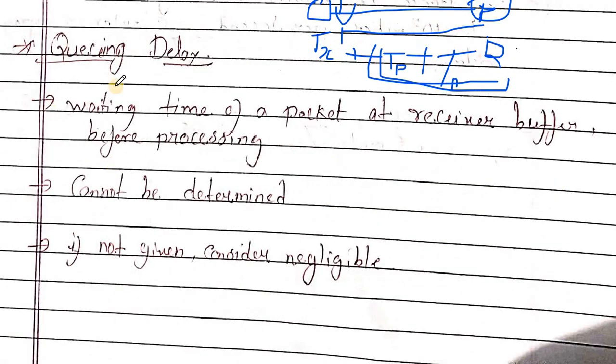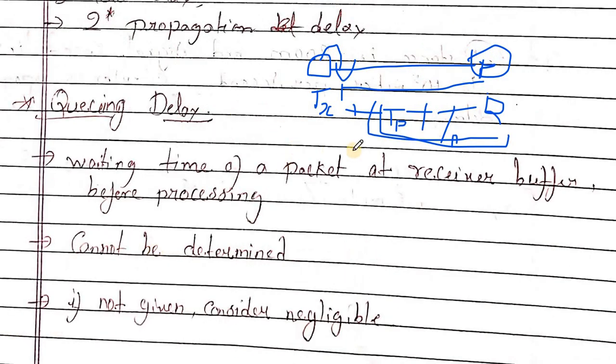Then what is queuing delay? Queuing delay is the wait time. If we transfer the packet from the transmitter side to the receiver side, but at that time the receiver is busy with other data processing, the transmitted data will wait in the receiver's buffer.